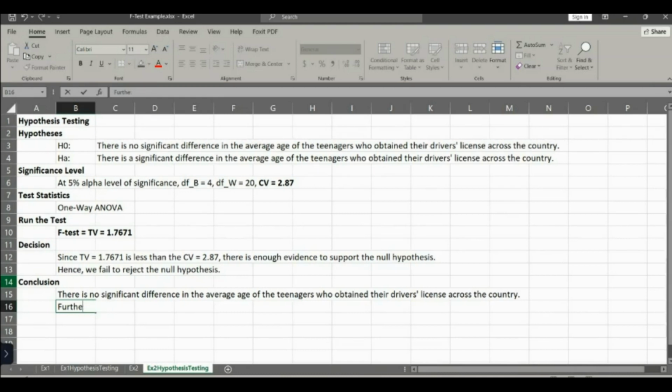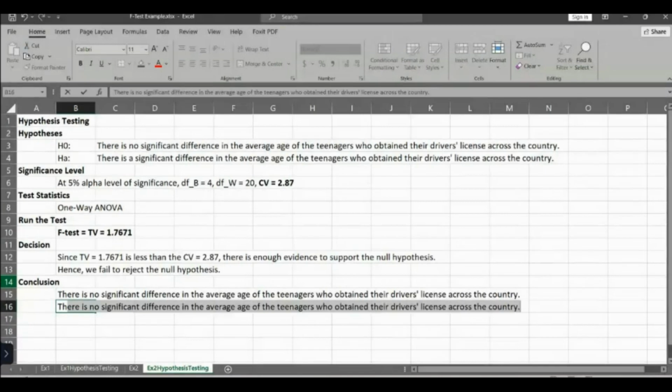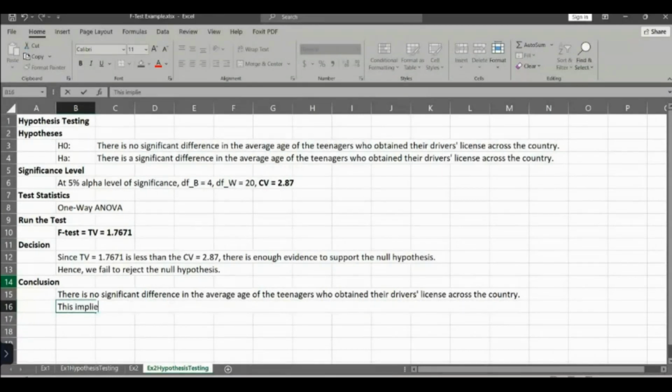What is the implication of there is no significant difference in the average age of the teenagers who obtained their driver's license across the country? Let's go back to our example last time.